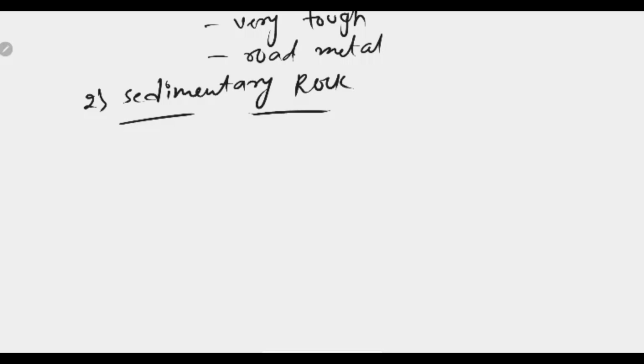The sediments are typically deposited by water, wind, or ice, and as they build up, the pressure from the layers above compacts them into solid rock. Examples of sedimentary rocks include limestone, sandstone, and shale. Fossils are often found in sedimentary rocks, providing valuable clues about past life on the earth.